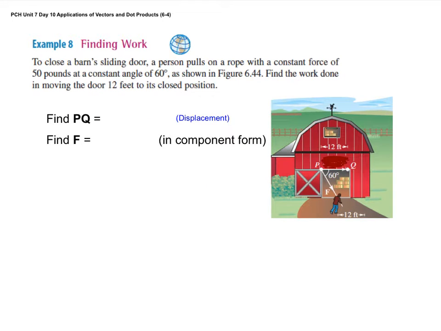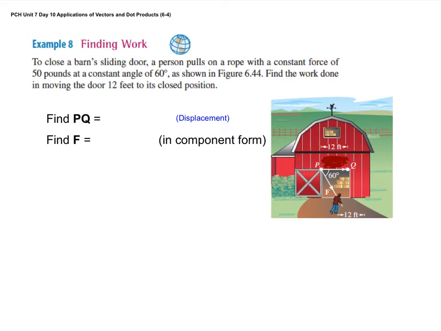So let's look at an example of this happening. The old style barn doors were on these sliding tracks like this. You'd have a rope tied to the top corner of the door, and you'd pull it, and it would slide that door across to shut the door. Instead of building hinges, they just put a little sliding track on the top.